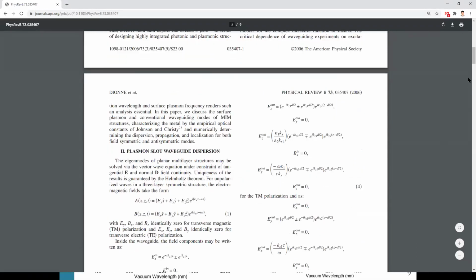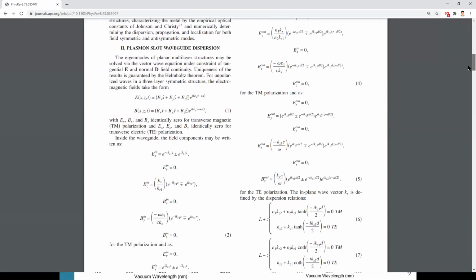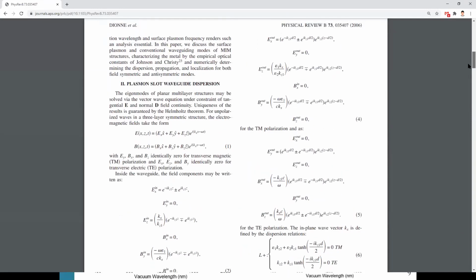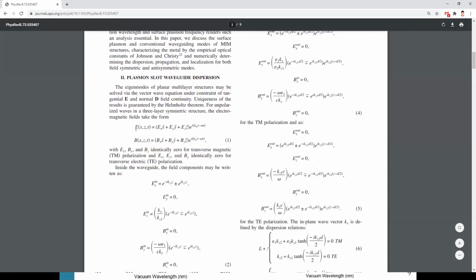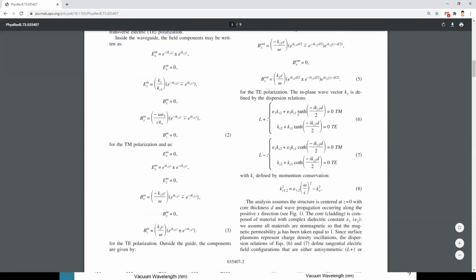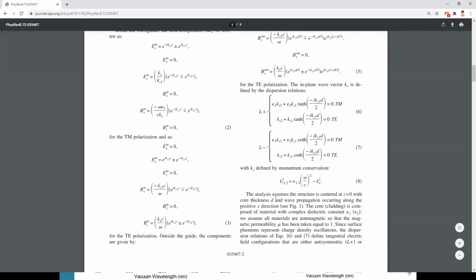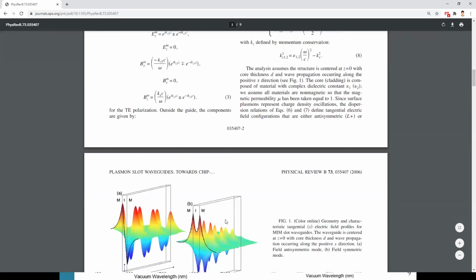And you can see this looks pretty much like a plasmonics textbook. You begin with the electric field and magnetic field profile form, and then begin with the ansatz that I exactly did, the tangent hyperbolic and cotangent hyperbolic functions. And then here again the momentum conservation condition, the wave equation.